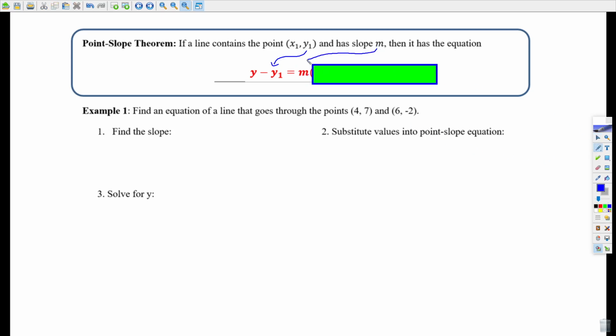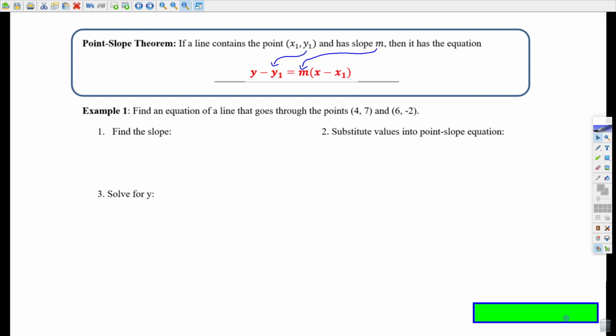So we might have to find m first, but once we find m, then we just plug in the y1 here, and then we multiply that by a set of parentheses, x, your variable, minus x1. And that's going to come from the x value over here. So once we have both these things, a slope and a point, we can figure out the formula by using this equation.